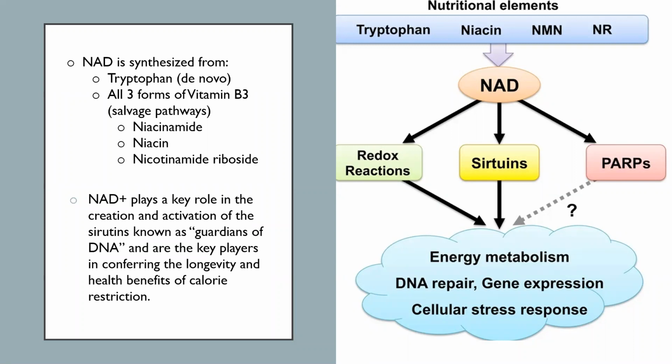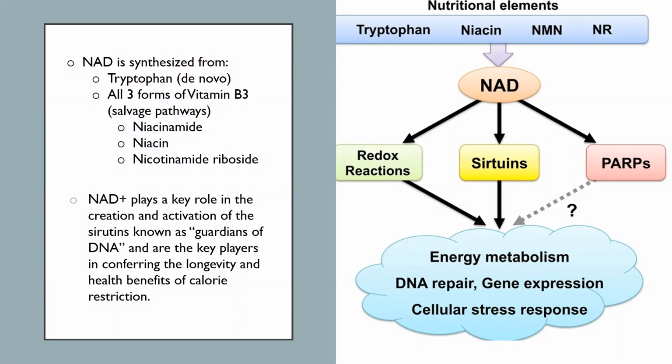Here's just a basic look at how NAD is produced and how it functions in the body. NAD can be manufactured by the body, but it needs tryptophan if it's going to do de novo, which just means new pathway. So if the body's making brand new NAD, it's going to need the amino acid tryptophan.